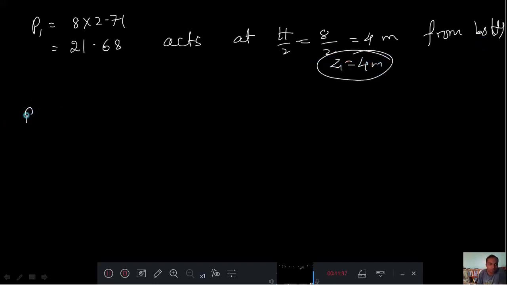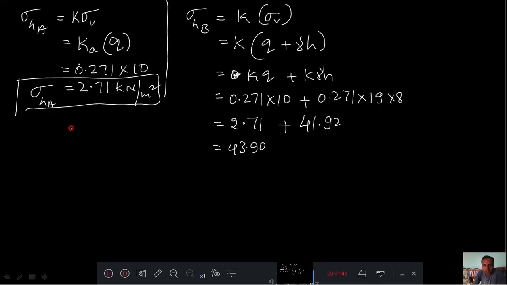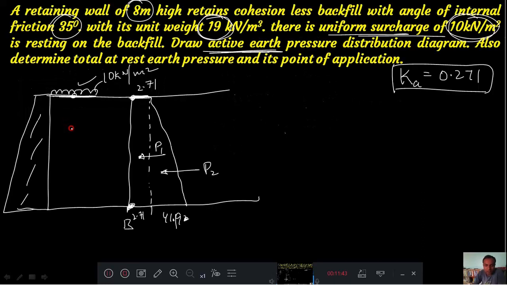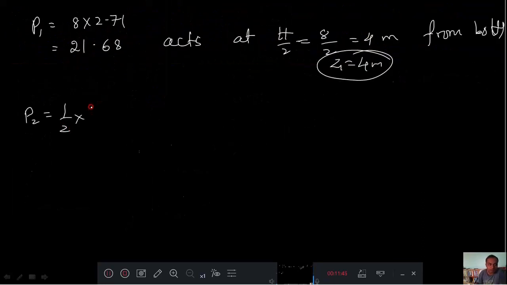Then P2 equal to half into the height, 41.19, half into 41.19 into 8 meter. Therefore 41.19 into 8 into half is 164.76 kilonewton.